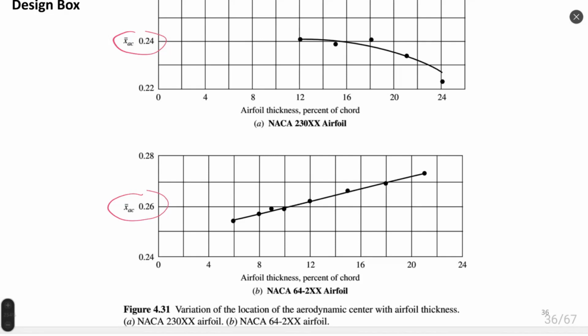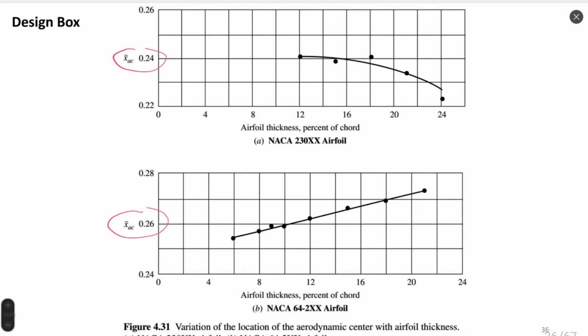Comparing case A and case B, we see that depending on the shape of the airfoil, we can observe an increase or decrease of aerodynamic center position. So it's not obligatory that it will increase or decrease. For different geometries, behavior will be different.